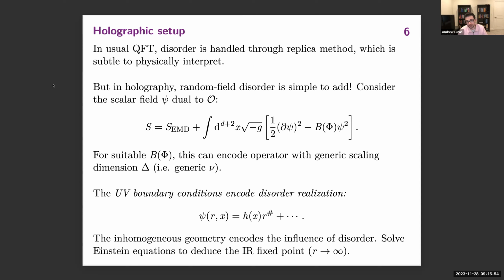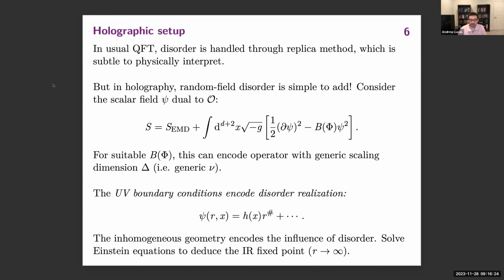And in the UV, we choose the boundary conditions on psi to be proportional to h of x, at least for non-normalizable choices of delta, times whatever the leading exponent would be for the bulk field psi. And as r goes to 0, that's how we encode disorder.